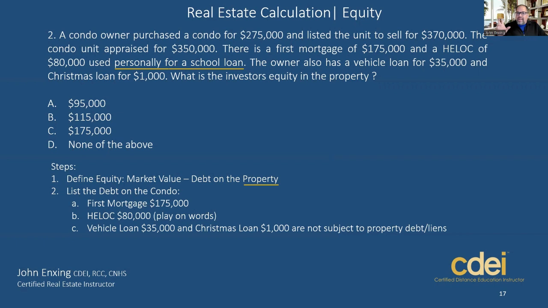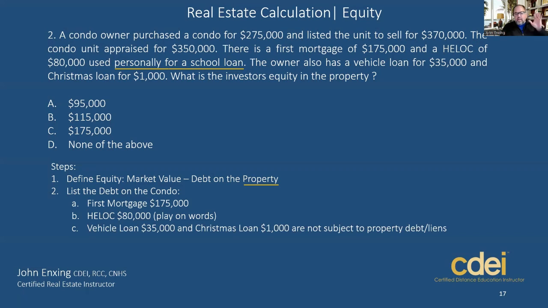Remember, anything that has a lien, a judgment lien, a property tax lien, first mortgage lien, a HELOC lien, construction lien or a mechanics lien, anything that's debt on the property is going to count against the equity. But here, $35,000 and $1,000 for the Christmas loan are not debt on the property. Those are personal loans, and they're not subject to the property.